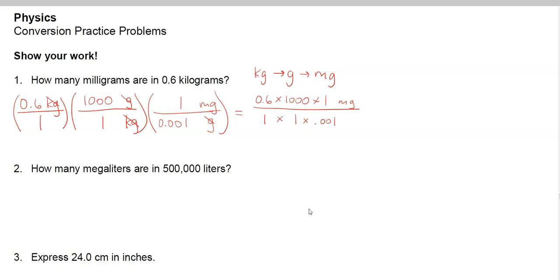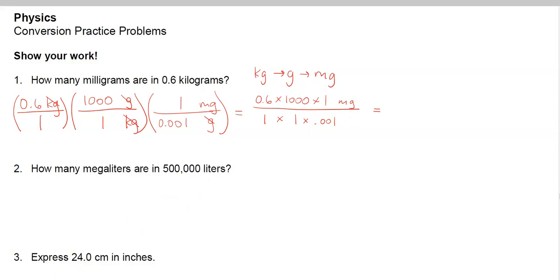All the things in the bottom cancel here. Okay, so then I want you to go and find your calculator. I'll go and find mine and multiply the numerators, divide by the denominator.